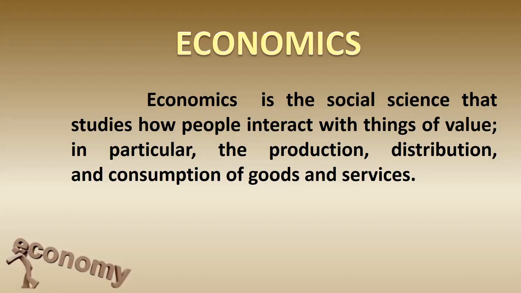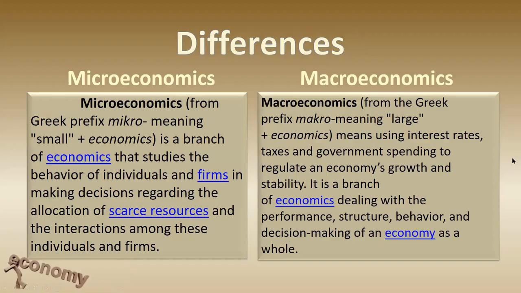This process of paying remunerations to the factors of production is called distribution. And whenever the consumer is using the finished goods and services, that process we are calling consumption of goods and services.